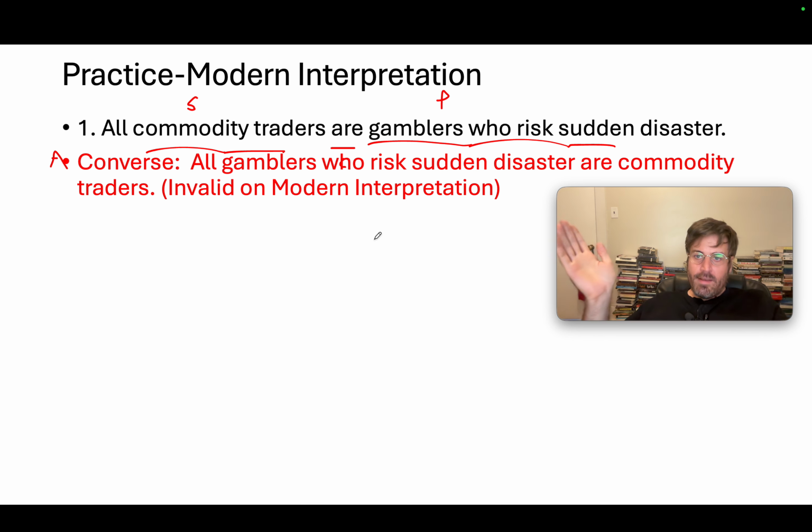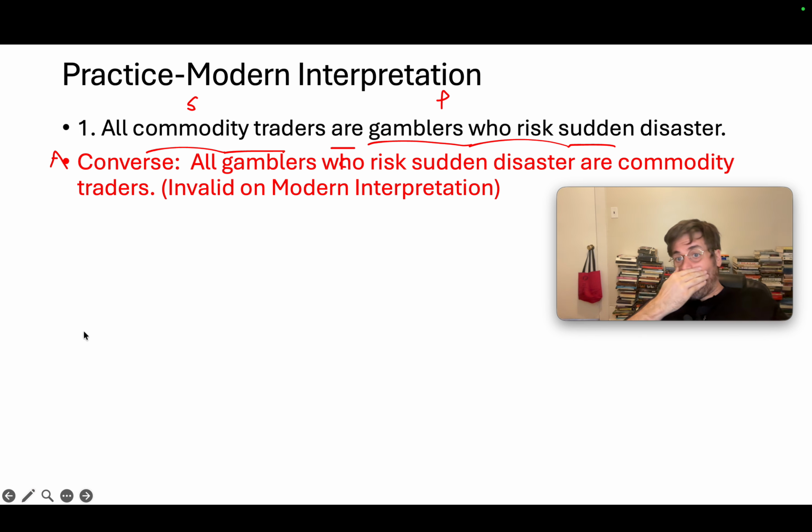If this were the traditional or Aristotelian interpretation of logic, we could validly find the converse through a process of limitation where we transform the A proposition into its corresponding I proposition, but that isn't allowed on the modern interpretation because of the issue of existential import. So this is an invalid immediate inference.